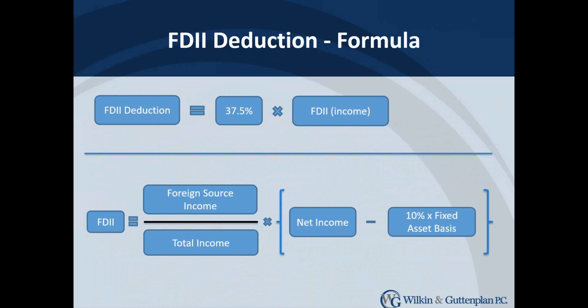What do we consider foreign source income? Foreign source income is any income that is a product or a service that is sold or delivered to a person that resides outside of the United States for the benefit and use in that foreign country. So if you provide services from the United States to a UK client, those services may be subject to this deduction or may be used as a basis for this deduction.